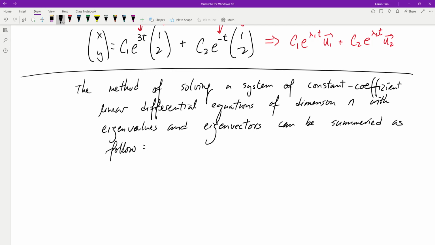Oh, I'm missing a Z right here. There you go. Can be summarized as follows.